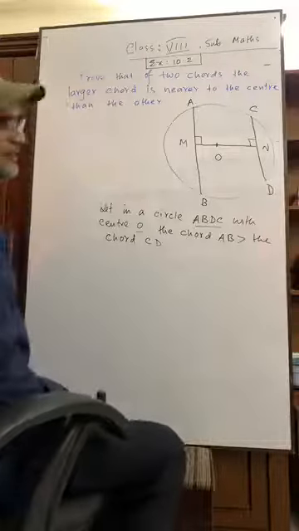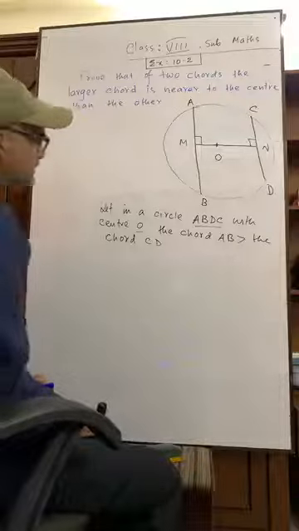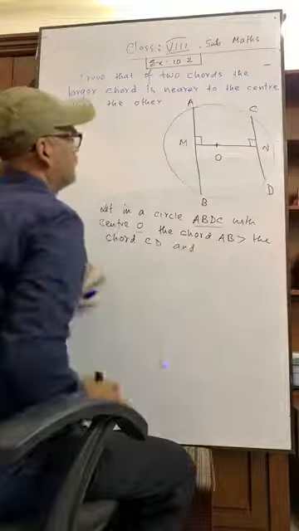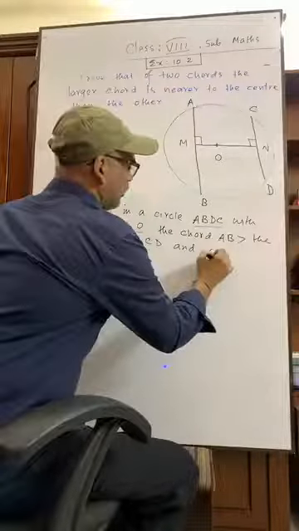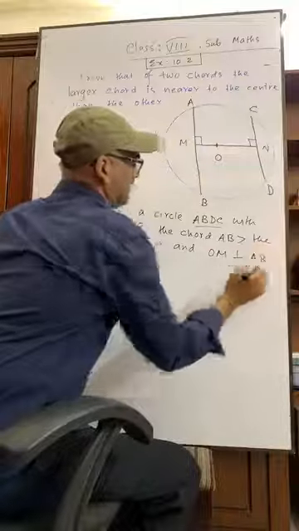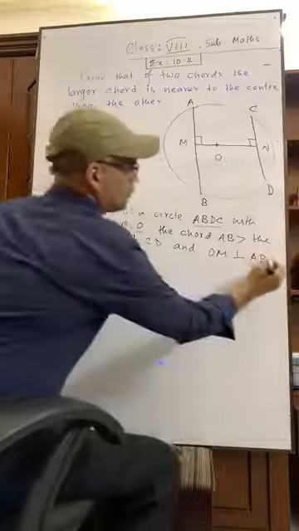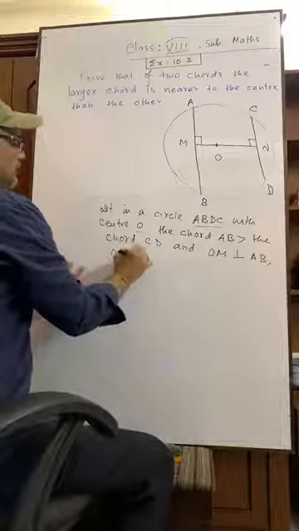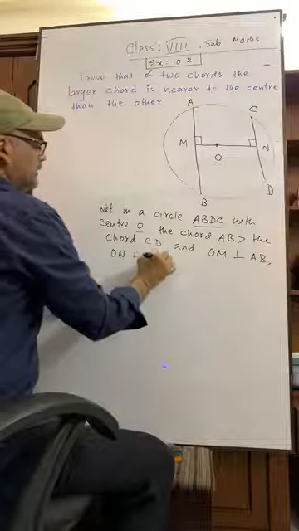Okay, it is given. And OM perpendicular to AB, always you have to mention it, OM perpendicular to AB, ON perpendicular to CD.